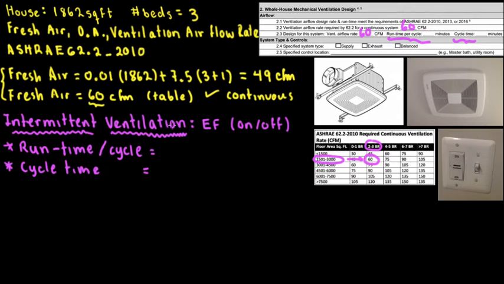Intermittent ventilation means on and off. Usually these fans are located in the bathroom or in the master bedroom, or wherever it doesn't create so much disturbance, and that's going to be the whole house ventilation.